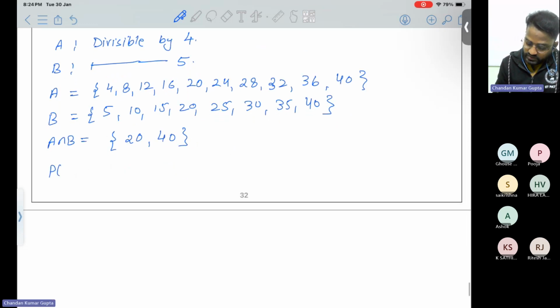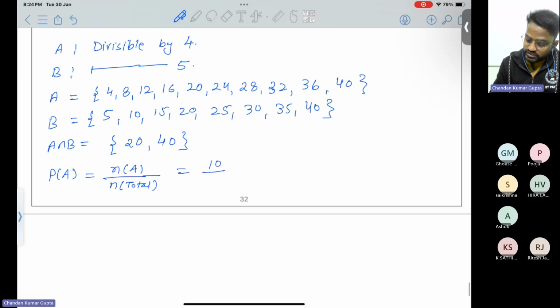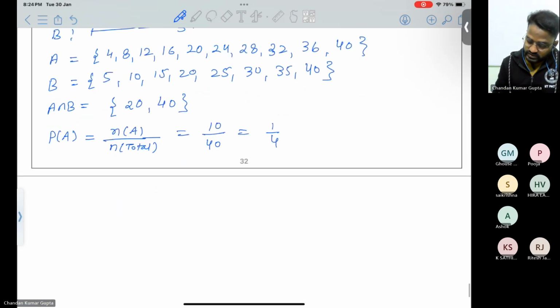So probability of getting A is the number of elements in A over the total number of elements, so this is 10 upon 40, which equals 1 by 4.